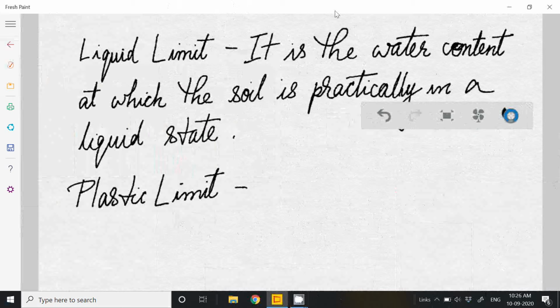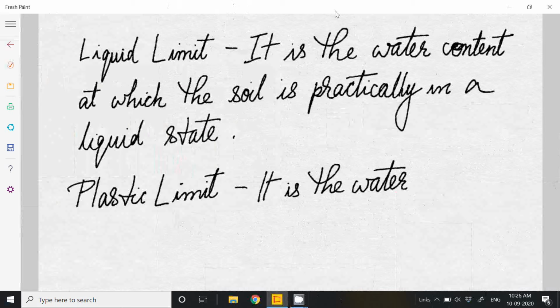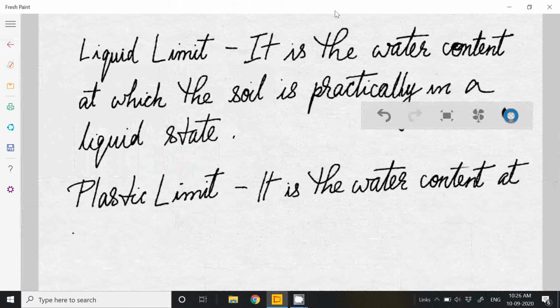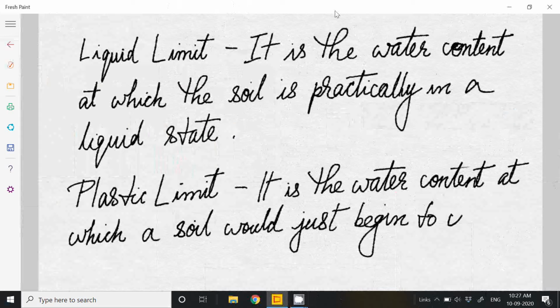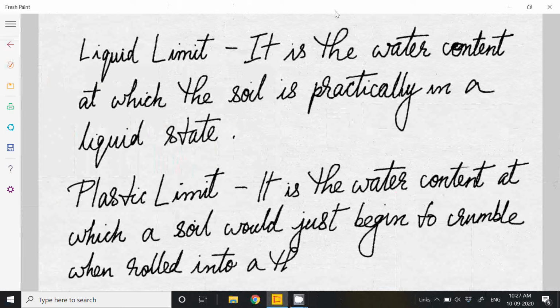So it is the water content at which a soil would just begin to crumble when rolled into a thread of 3 mm dia.